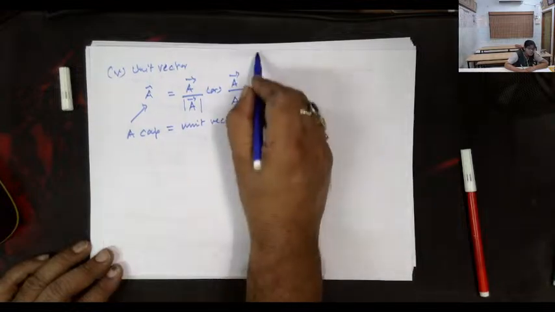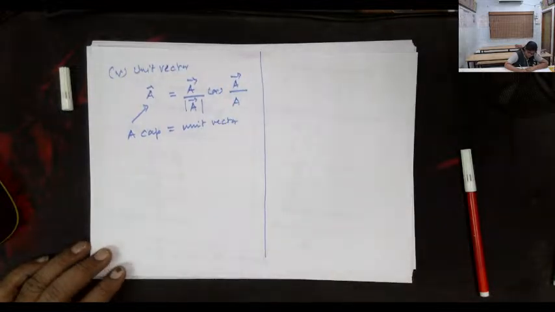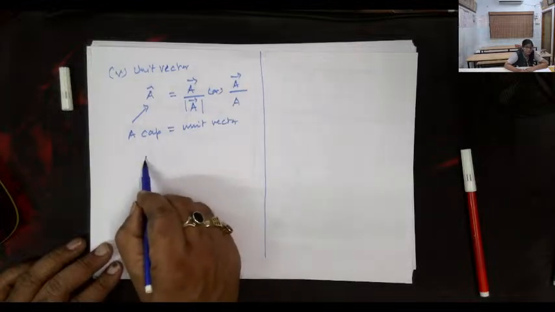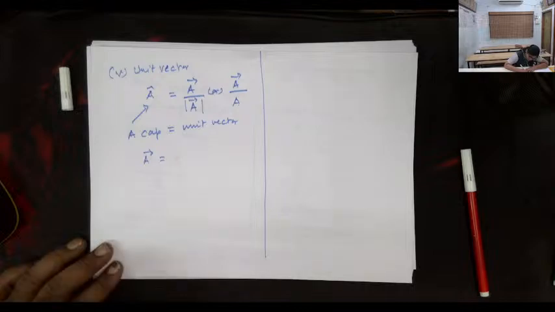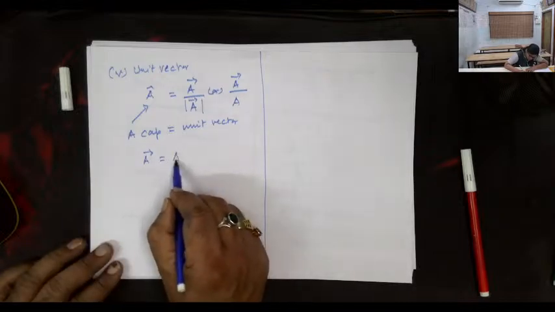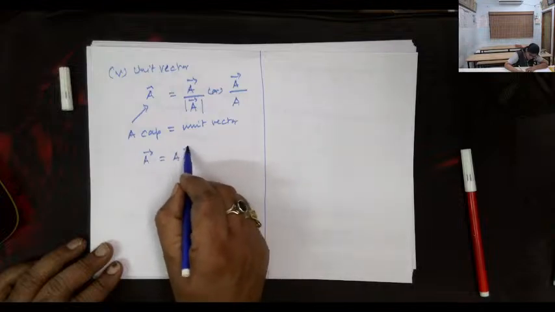So from this formula, vector A is nothing but the product of its magnitude and A cap.